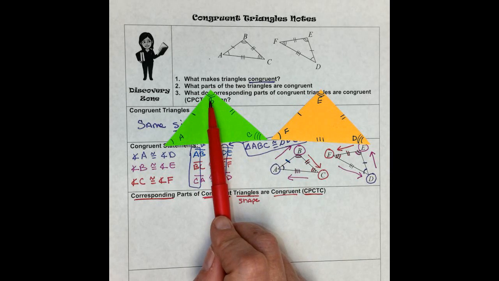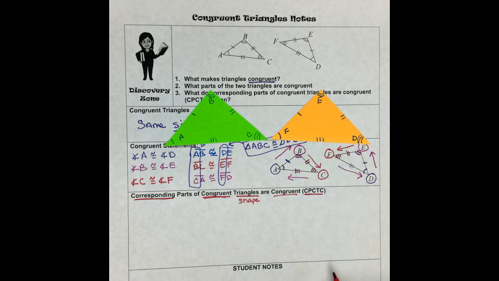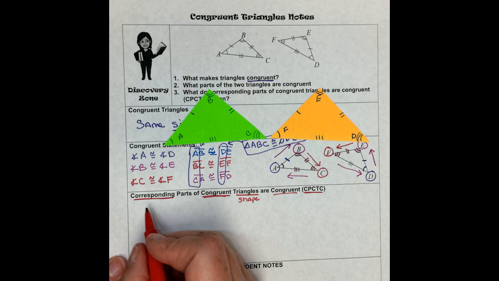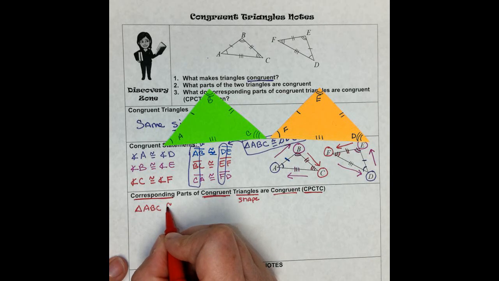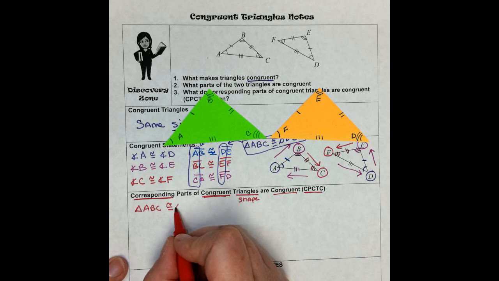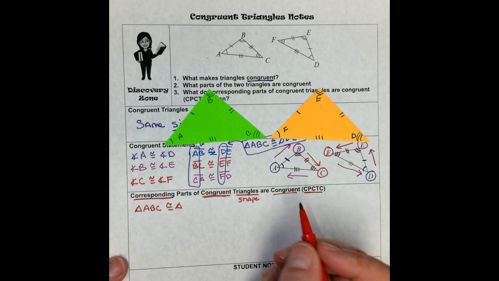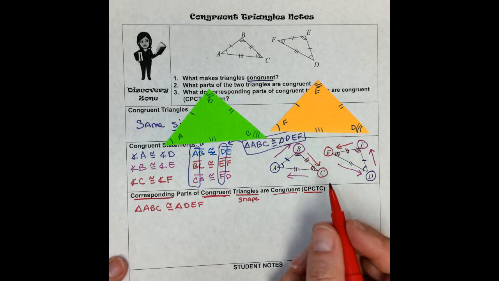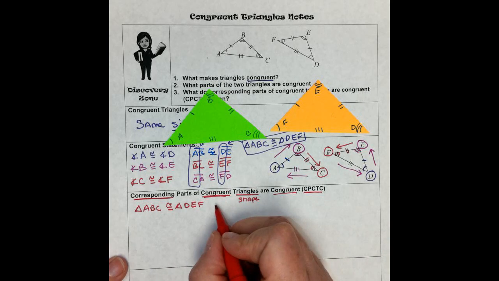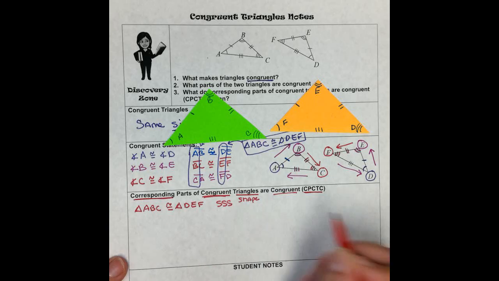So how I use this is, let's say that I proved that triangle ABC is congruent to triangle DEF, and I did that through side, side, side.